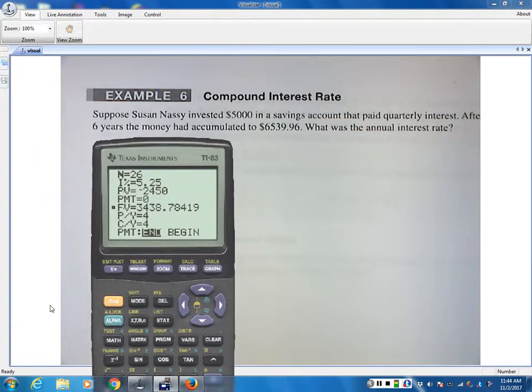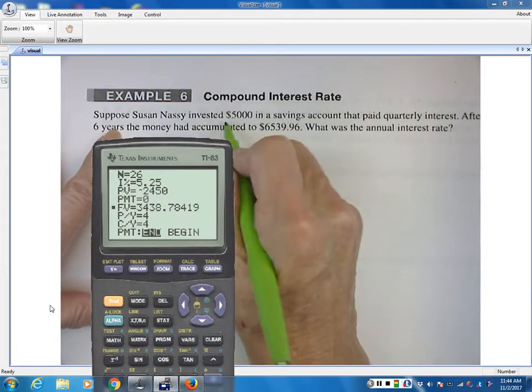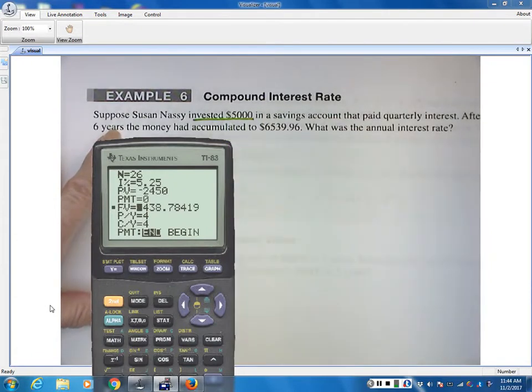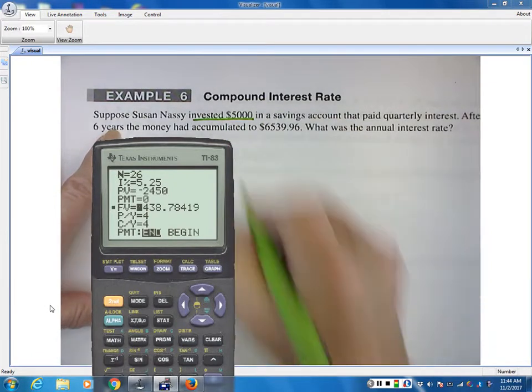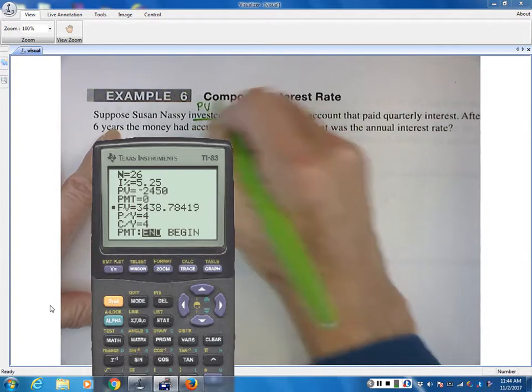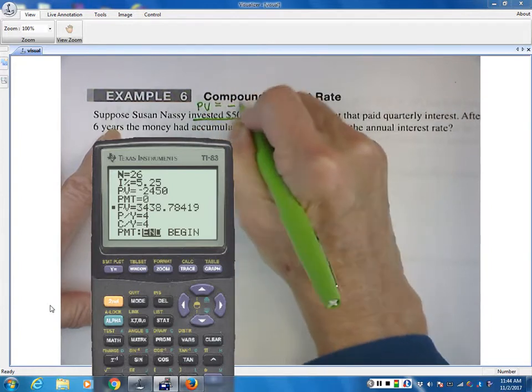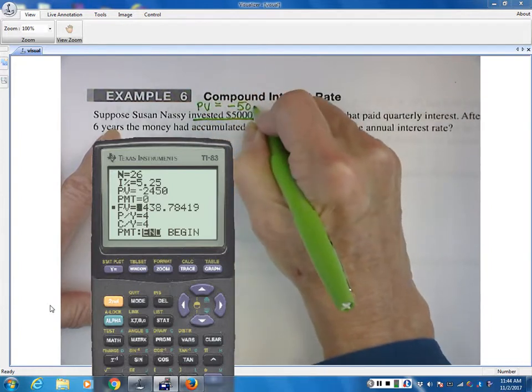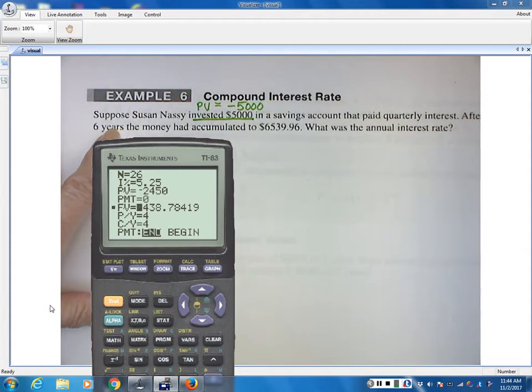So Susan invested $5,000. That means her present value is going to be negative because she paid in that $5,000, in a savings account that paid quarterly interest.